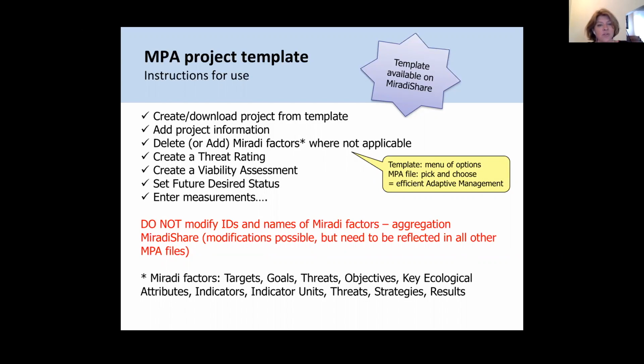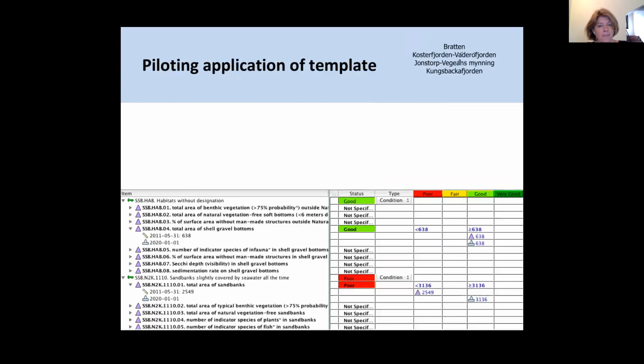And what is left over follows kind of like the standard blueprint for how we want these Miradi factors to be named. And this is absolutely crucial actually for data to be rolled up across MPAs into an MPA network status, so that on a marine ecoregion level, we can start using these data.